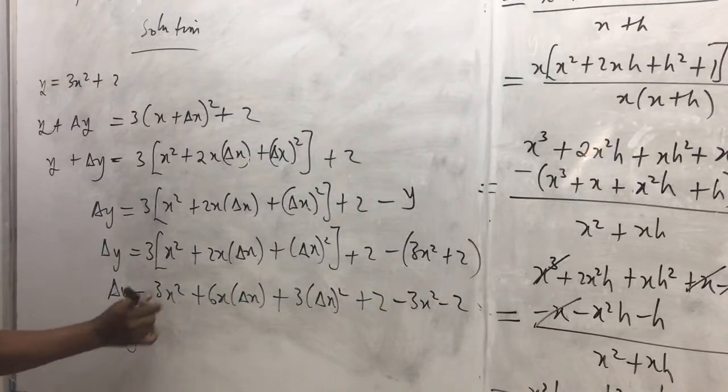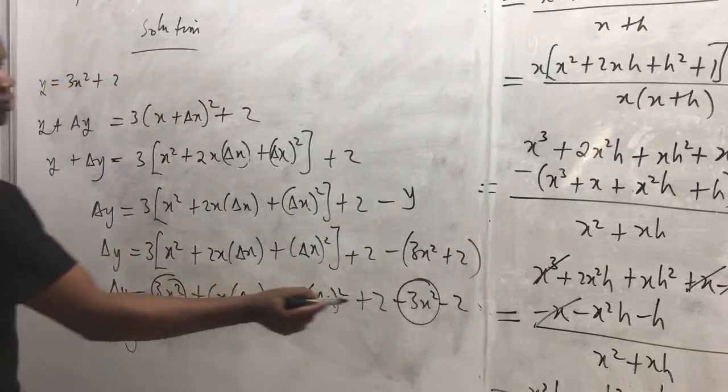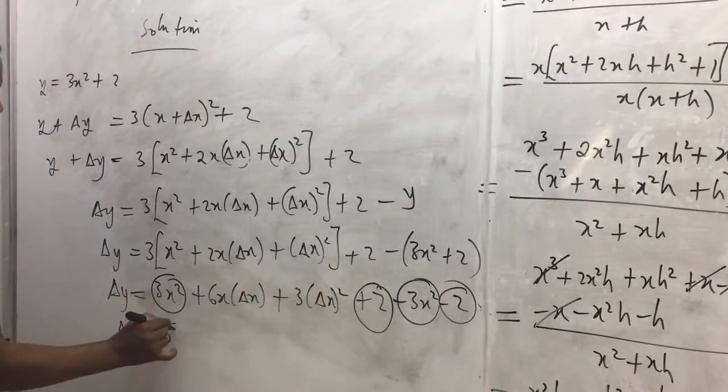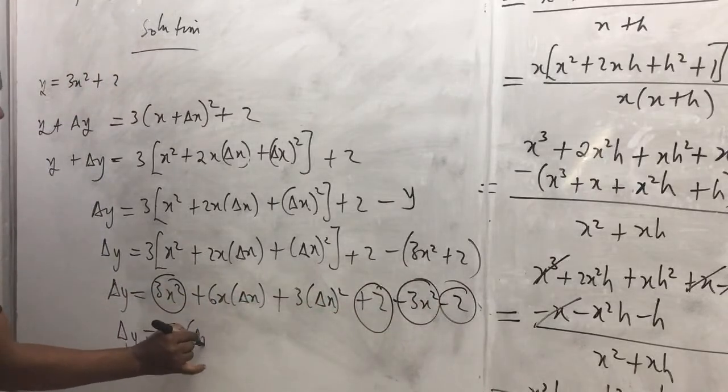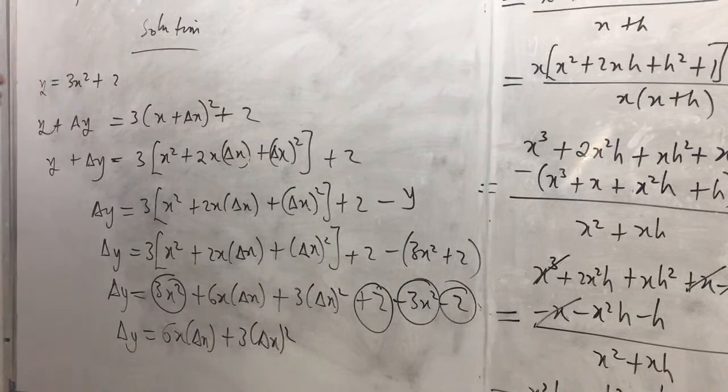Now 3x squared minus 3x squared gives 0, and 2 minus 2 gives 0. So you'll be left with 6x changing x plus 3 changing x all squared. And that's what changing y simplifies to.